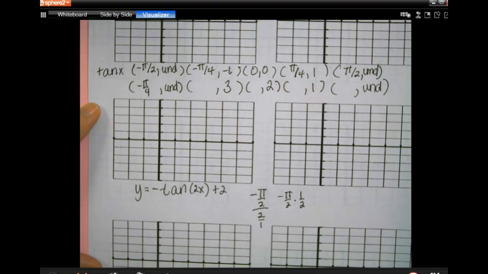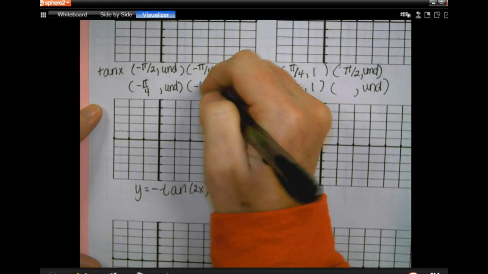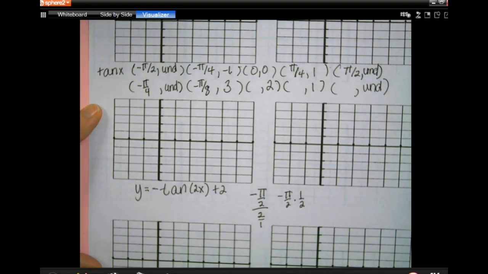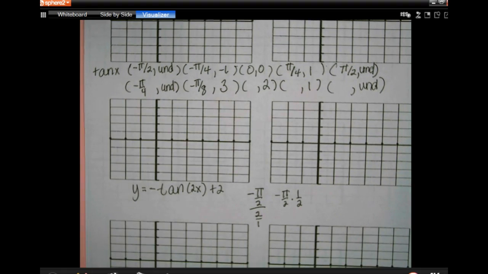So, negative pi over 4 divided by 2 is negative pi over 8. And for those of you mathematically challenged, the negative pi over 4 is 45 degrees. Negative pi over 8 is half of that.